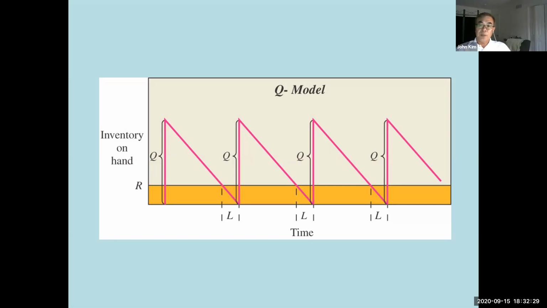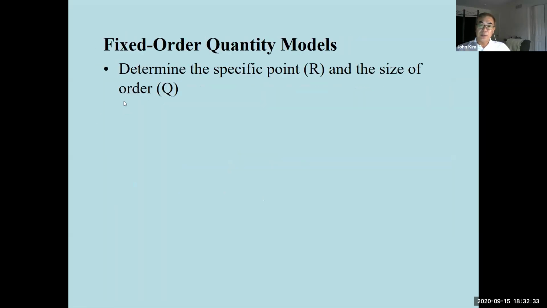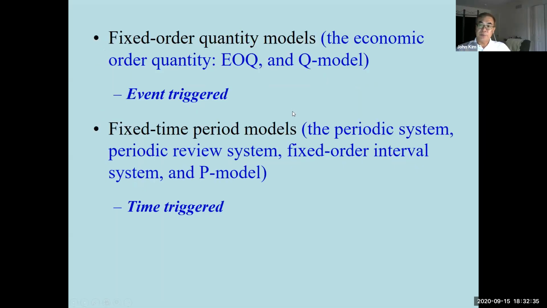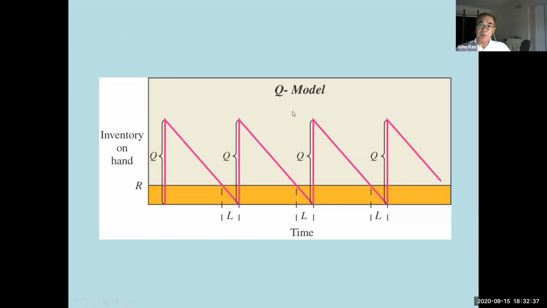And this Q model, as said earlier, is an event triggered model. The event in this model is point R, reorder point. Because of the lead time, before running out of stock, we should receive that order.